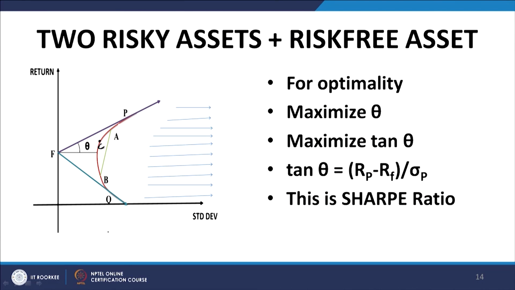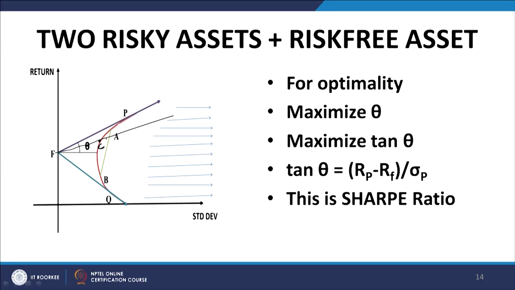Now, I add to it the risk free asset. When I add the risk free asset, the combination will be a straight line like this. The region between F and C comprises what? It comprises C and F both long, some portion in F, some portion in C, but remember C comprises A and B. So, we have A, B and C in some proportions along the straight line FC.